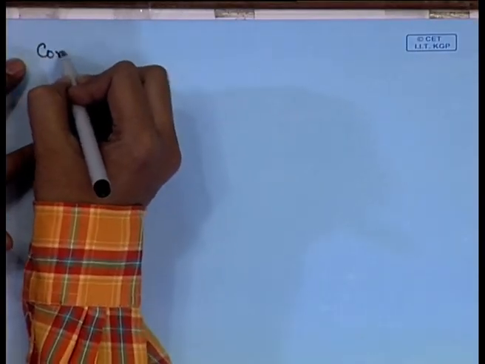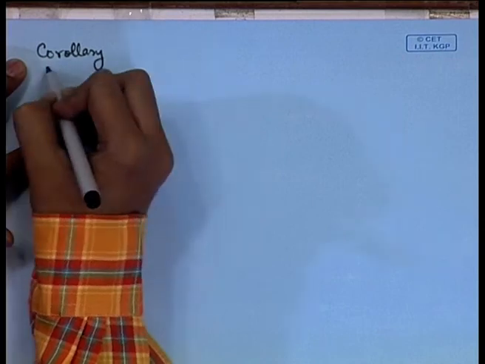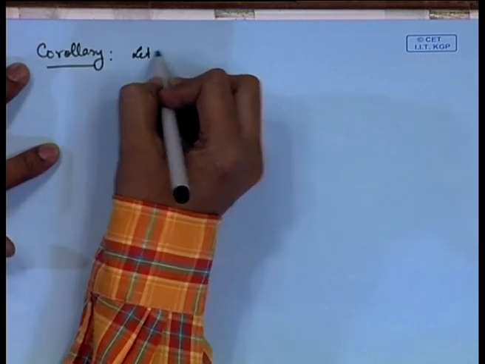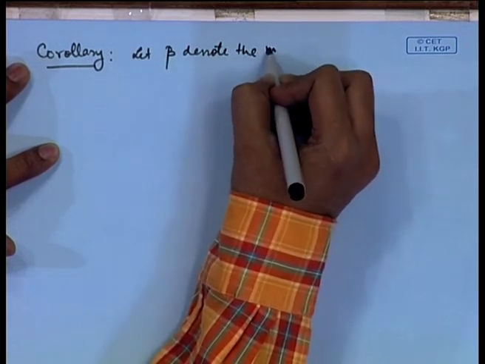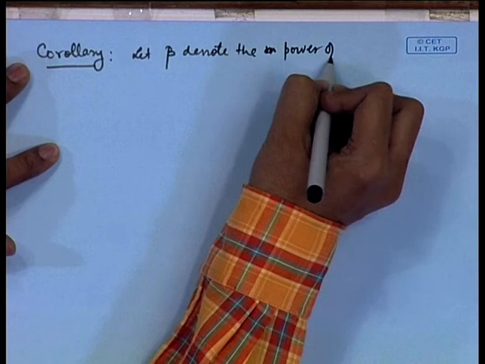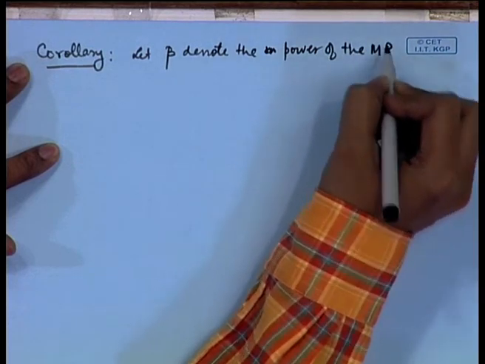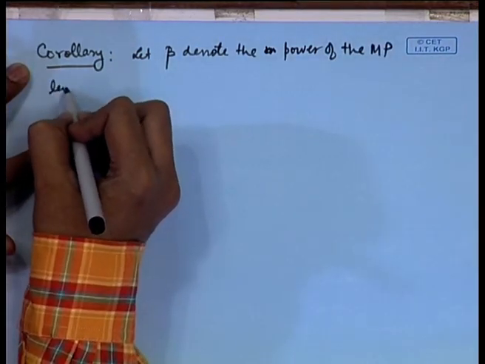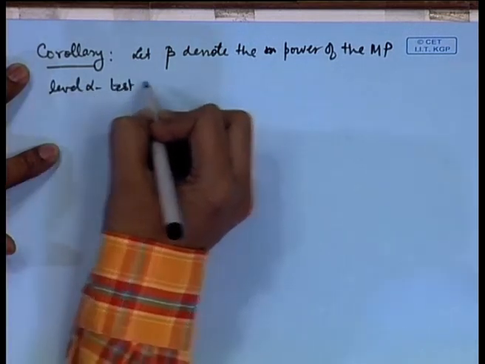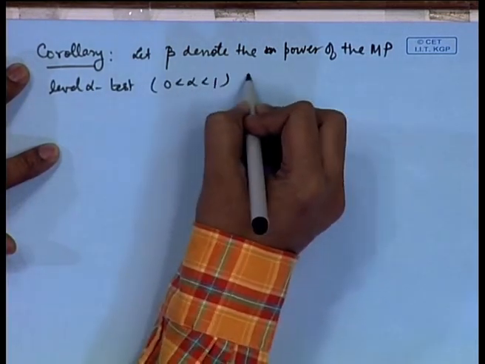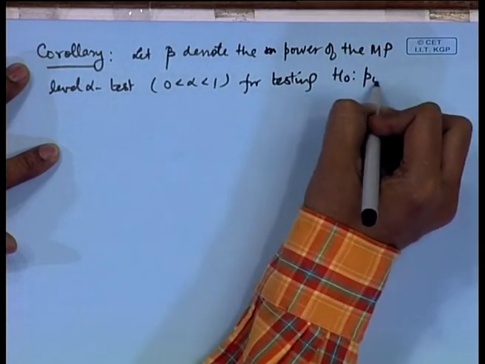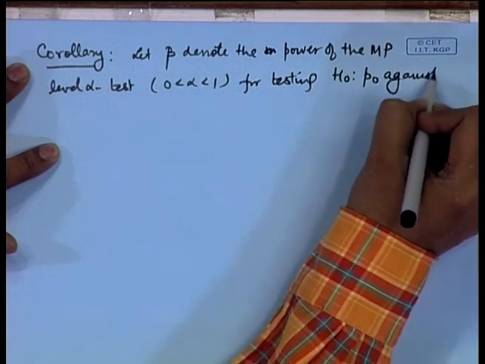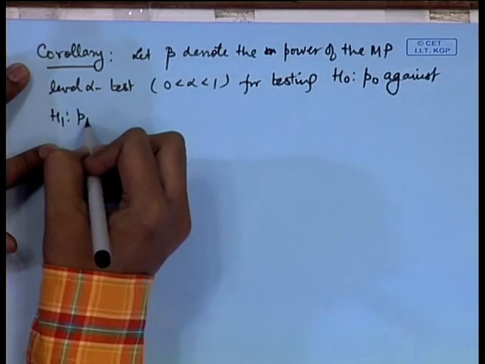We have a corollary here then. Let beta denote the power of the most powerful level alpha test for testing H naught P naught against H 1 P 1.